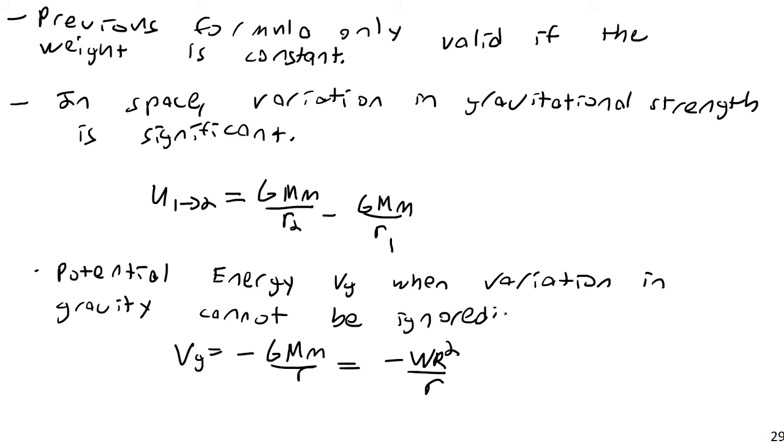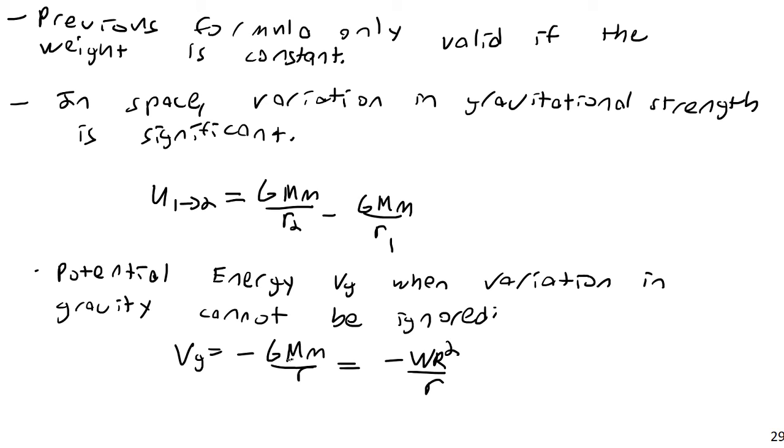Now, I need to find out what that capital R is for you. Actually, no, that seems to be a typo in these notes. This should be just negative G M m over r.